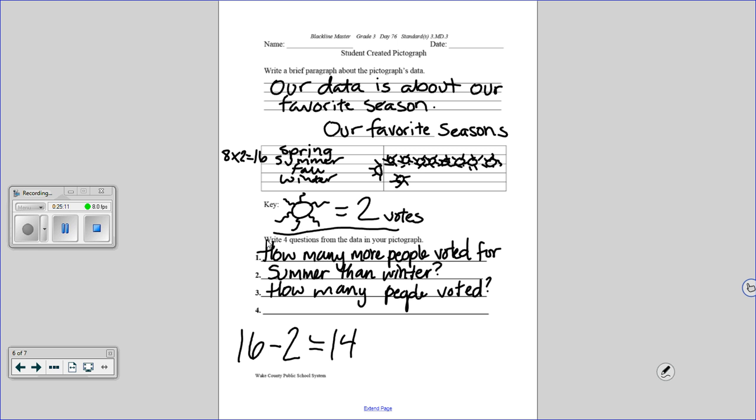What kind of equation could I write for that? Piper? What kind of equation can I write if I want to know how many people voted? 16 plus 1 plus 2.